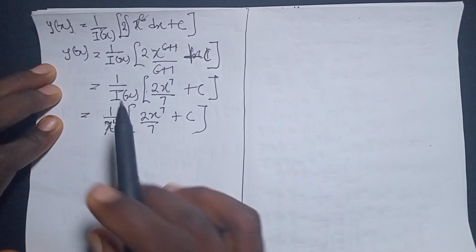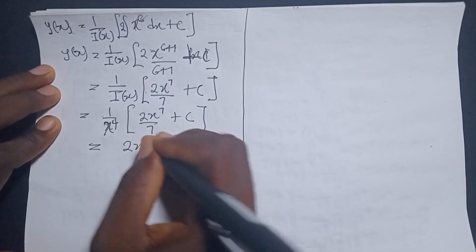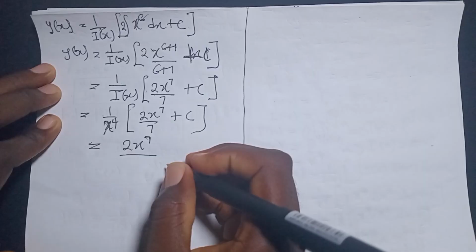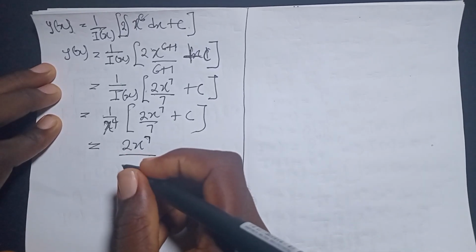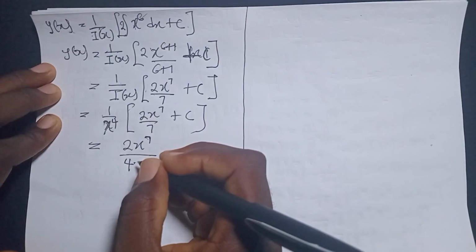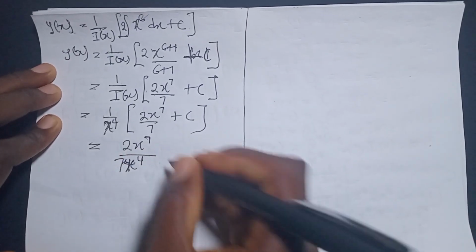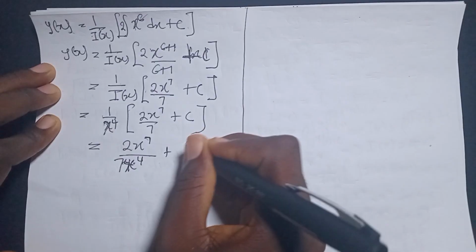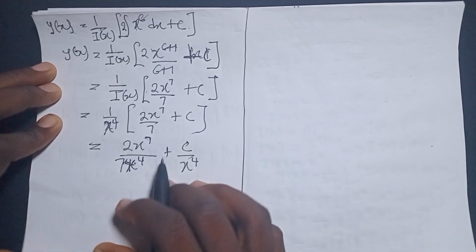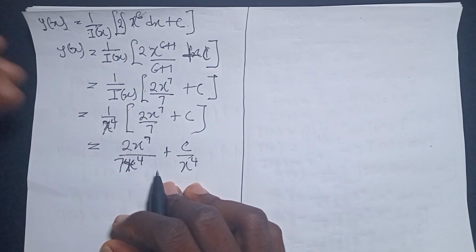If you multiply this by this, you have equal to 2x raised power 7 over 7x raised to the power 4 plus c over x raised to the power what? 4, plus c over x raised to the power 4.